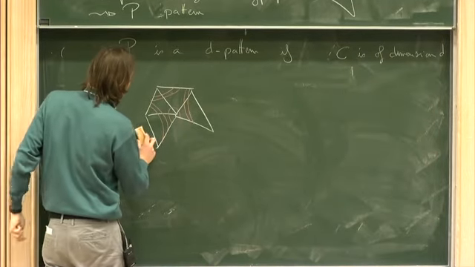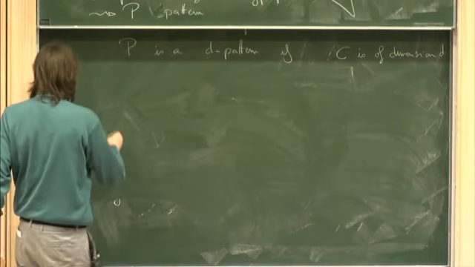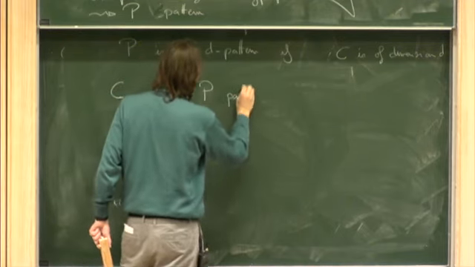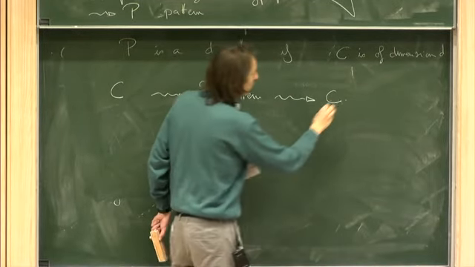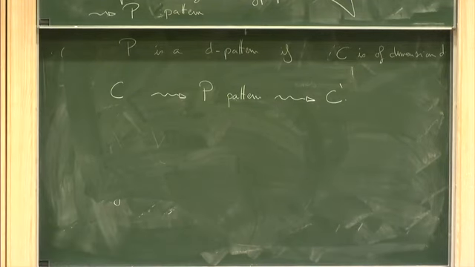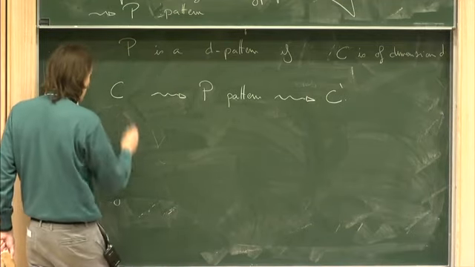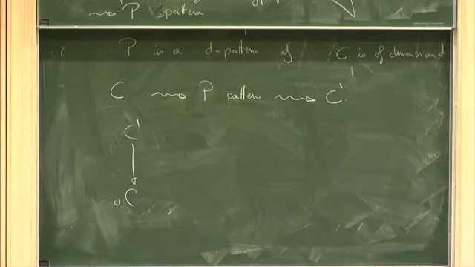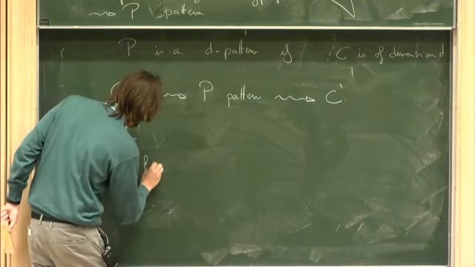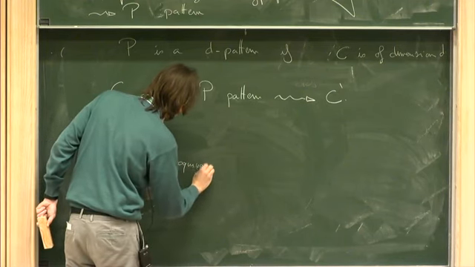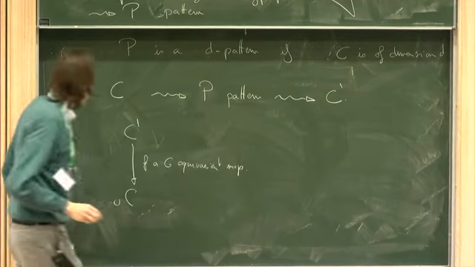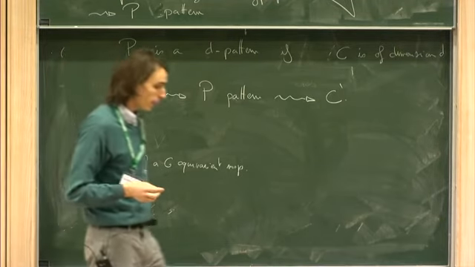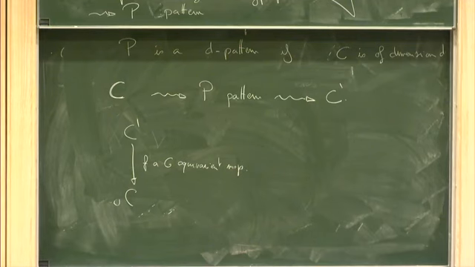If we do the two constructions, so take a CAT(0) cube complex, you create your pattern P, and then you do the construction again, you don't go back to C, but what you get is a G-equivariant map from our new cube complex to the one we had at the beginning.